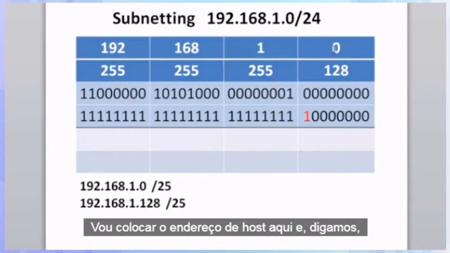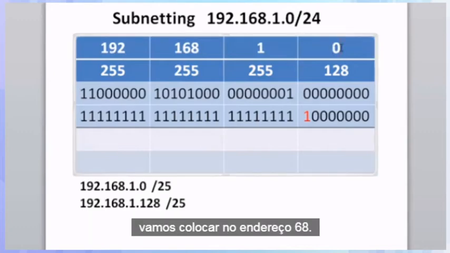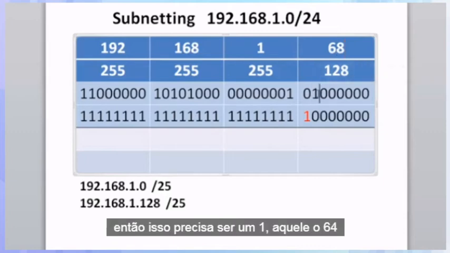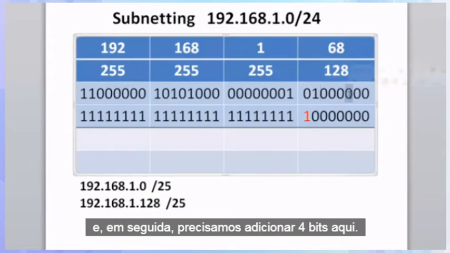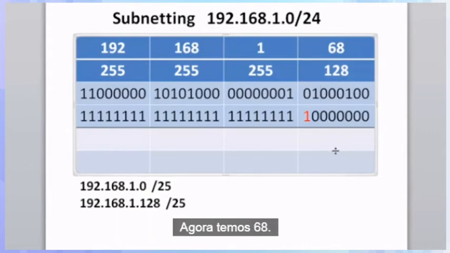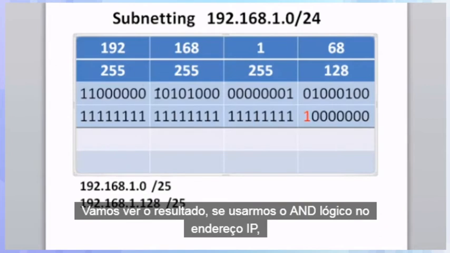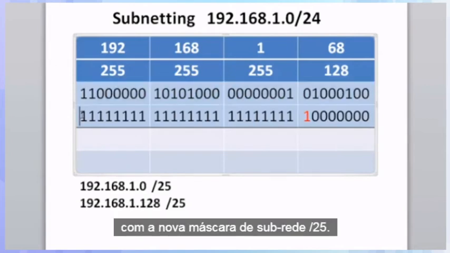I'll put in the address 68. So now we've got host 192.168.1.68. So this needs to be a 1. That's the 64. And then we need to add the 4-bit here. So now we have 68. If we logically AND the IP address here with our new /25 subnet mask, let's see the result.